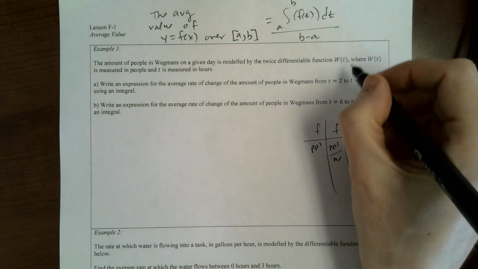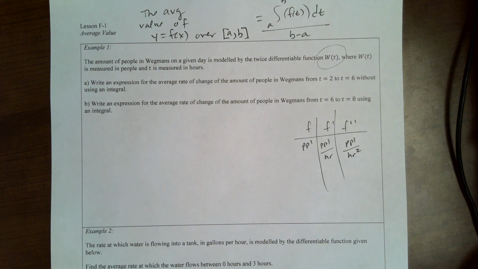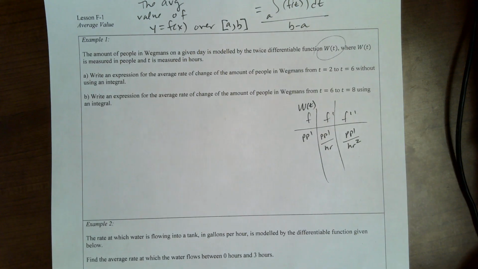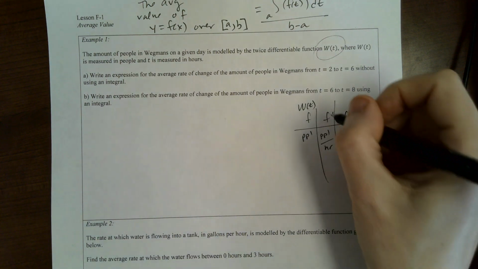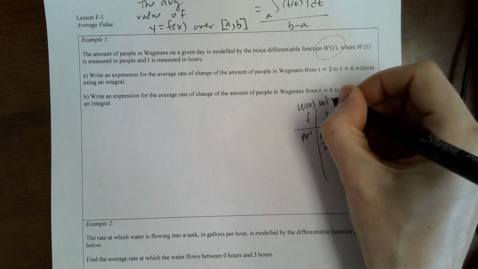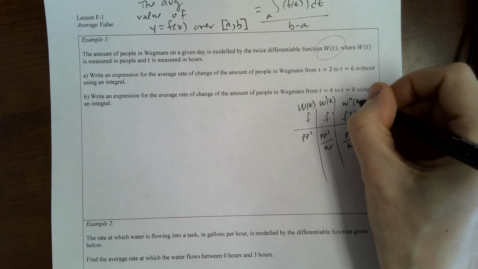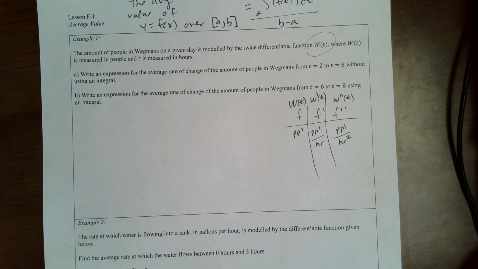Now let's figure out where w of t falls within this derivative sequence. And guys, it's actually right at the beginning. Okay, so that's w of t. So in this column, we would have w prime of t, w double prime of t.